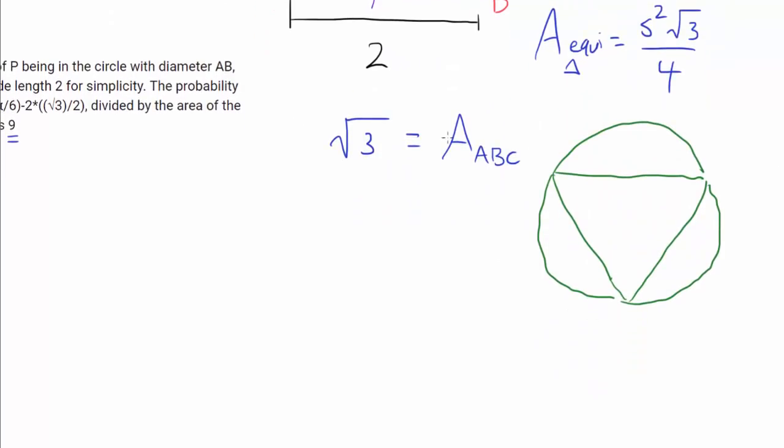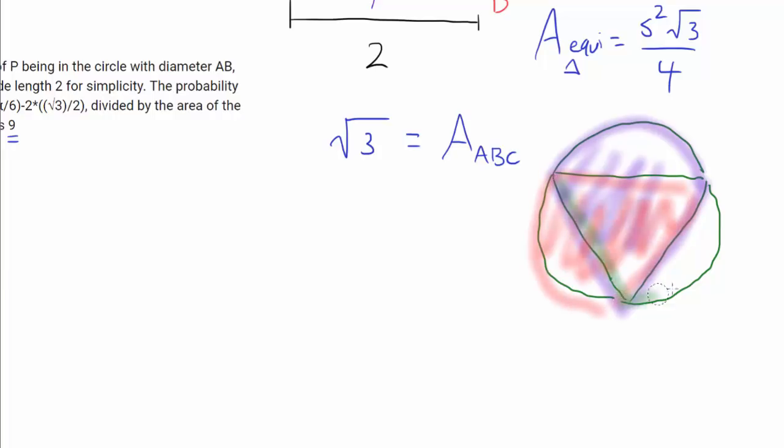Well, one way of doing it is by finding the area of this circular sector. So we can find the area of this thing, and we can add that 3 times. Add it once, add it twice, then add it one final time. So basically we're finding the area of one circular sector and multiplying by 3.